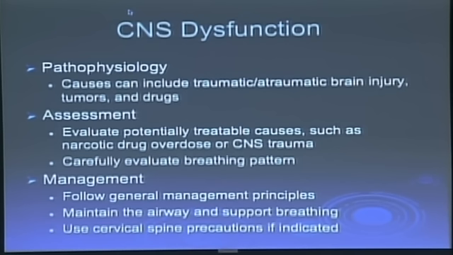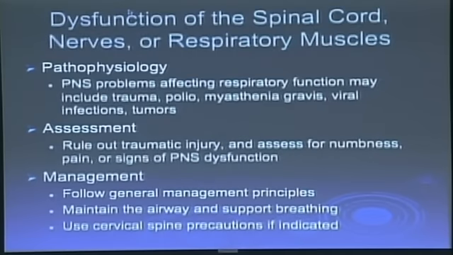And so we always evaluate for that, and your treatment for narcotic overdose with respiratory depression is very straightforward. 2 milligrams of Narcan, and you can give that IV or theoretically IM, although it's poorly absorbed, or intranasal, which is rapidly absorbed. Treatment of CNS dysfunction other than from narcotics is maintaining airway, supporting breathing, and treating any underlying cause that you're aware of.